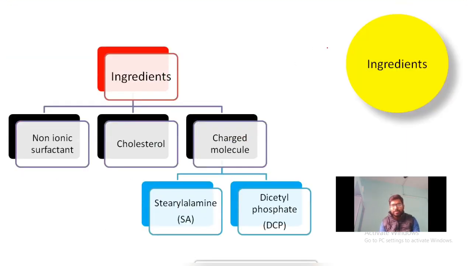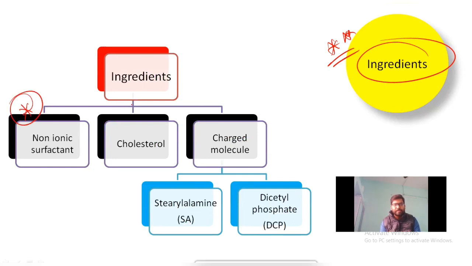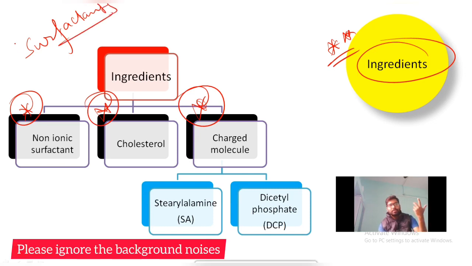Coming to the next important point, the ingredients of Niosomes. In case of Niosomes, three major ingredients are there: non-ionic surfactant, then cholesterol, then a charged molecule. If you go through the liposome, you will find that surfactants are not used there; they use phospholipid.